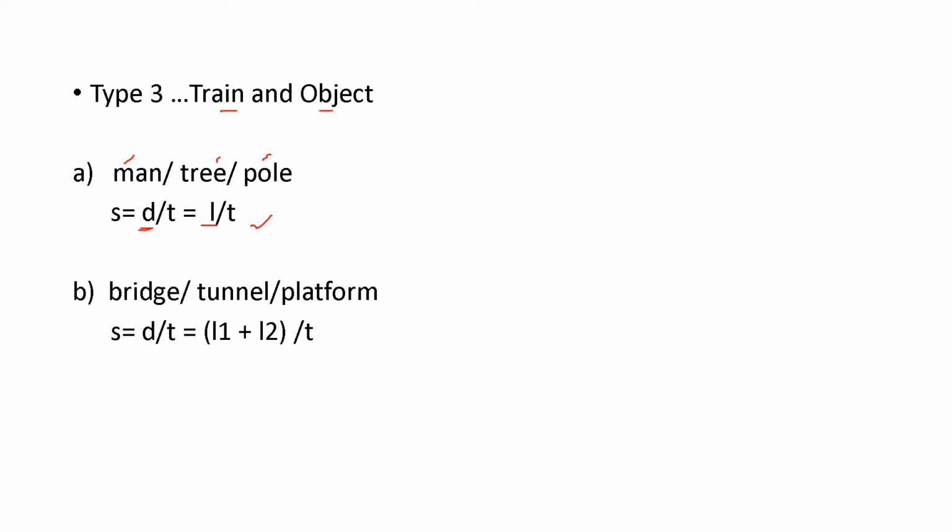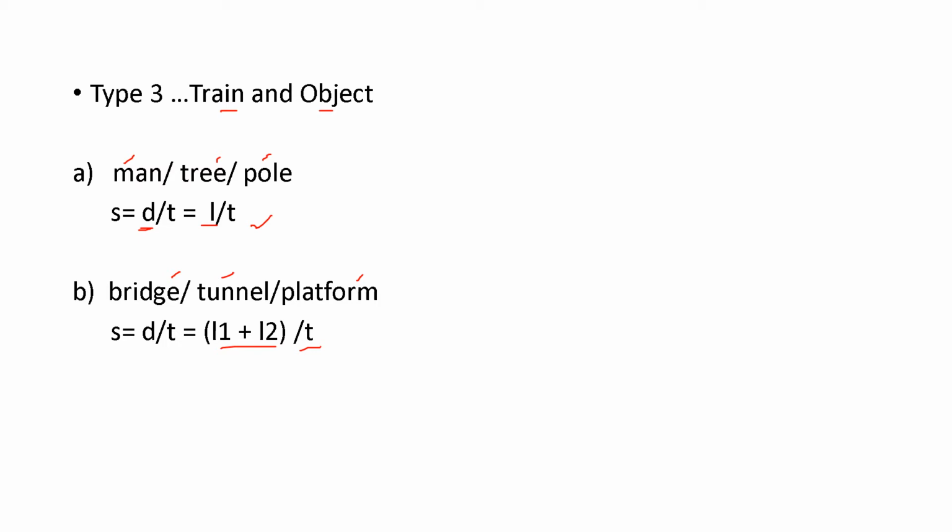And if the object is a bridge, a tunnel or a platform, then S is equal to d by t, and that is equal to L1 plus L2 by t. That is, L1 is the length of the train and L2 is the length of the bridge or tunnel or platform.